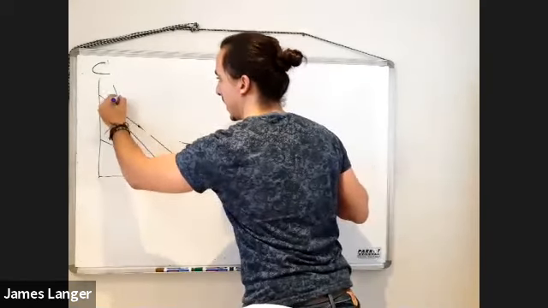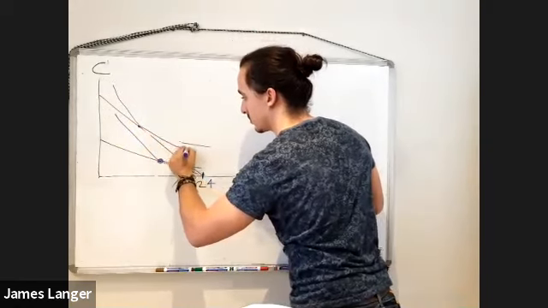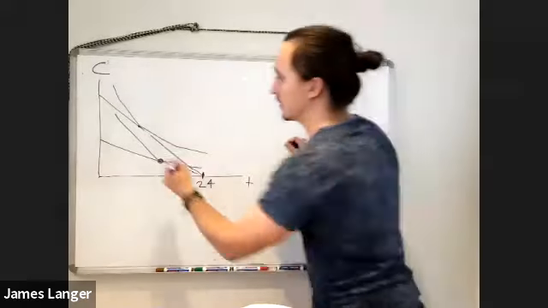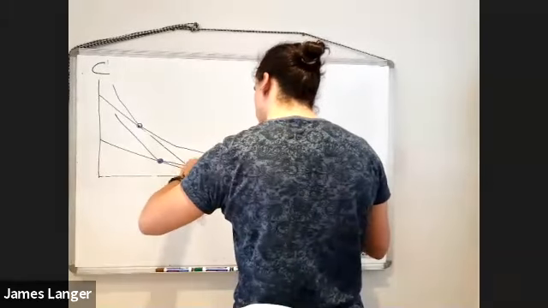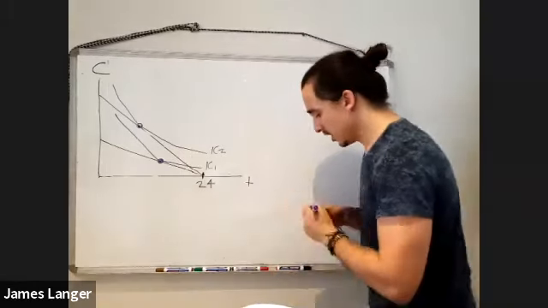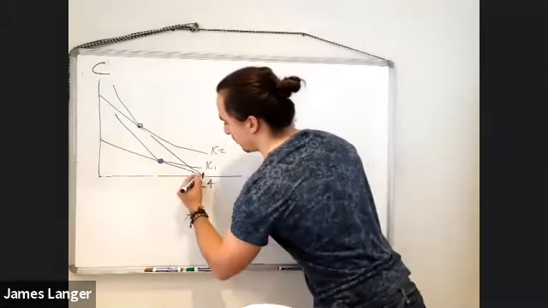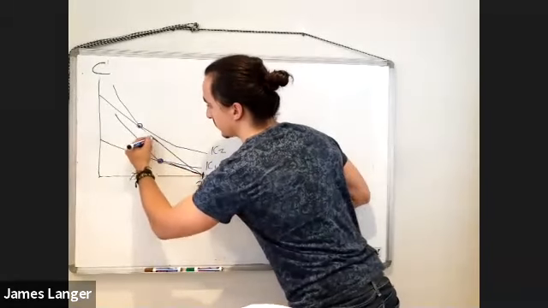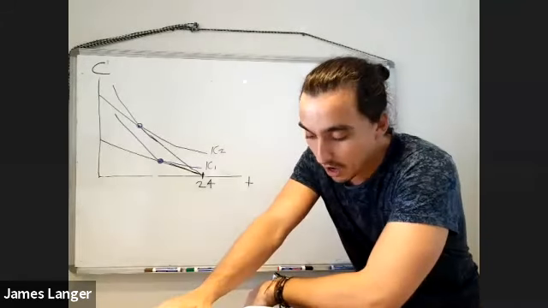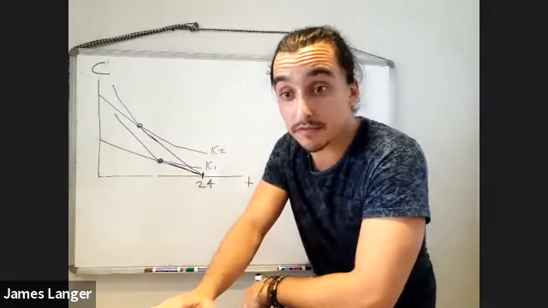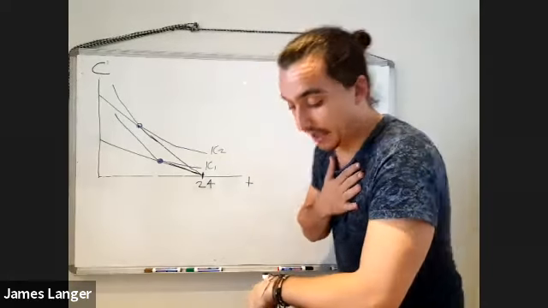Sorry, you're going to see again that I'm struggling here to get this the way that I need it. Hopefully that's going to be good enough. So we went from this point to this point, right? All I've done is make a bigger version of the same graph that we did earlier. Is everyone happy? Okay, so now how do you find the income effect? How do I find the income effect?